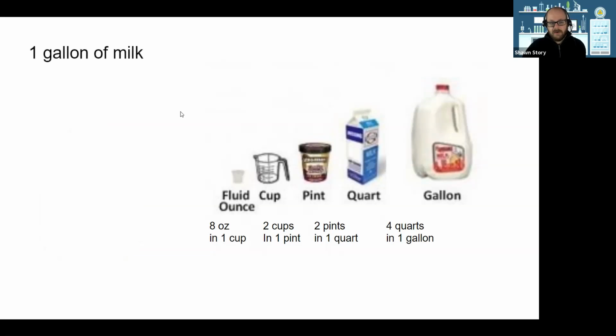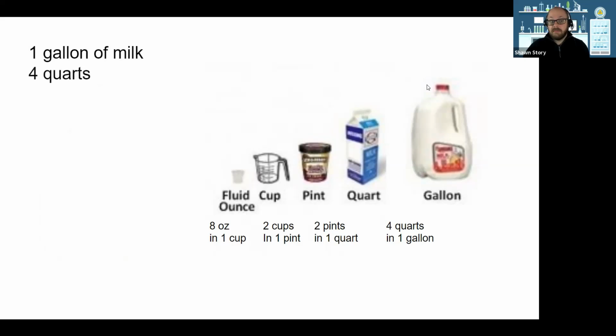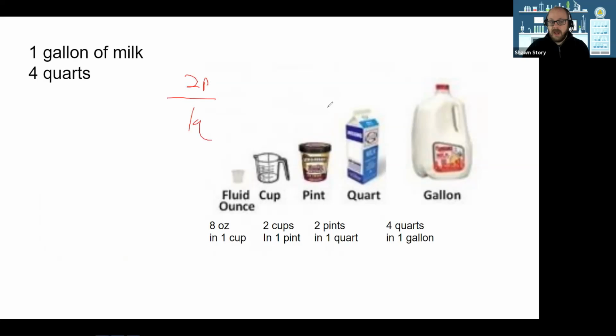All right, so we have a gallon of milk. How many quarts are in a gallon of milk? 4. Now, how many pints are in a gallon of milk? Well, we know that 2 pints equals 1 quart, and we know that there are going to be 4 quarts in a gallon.